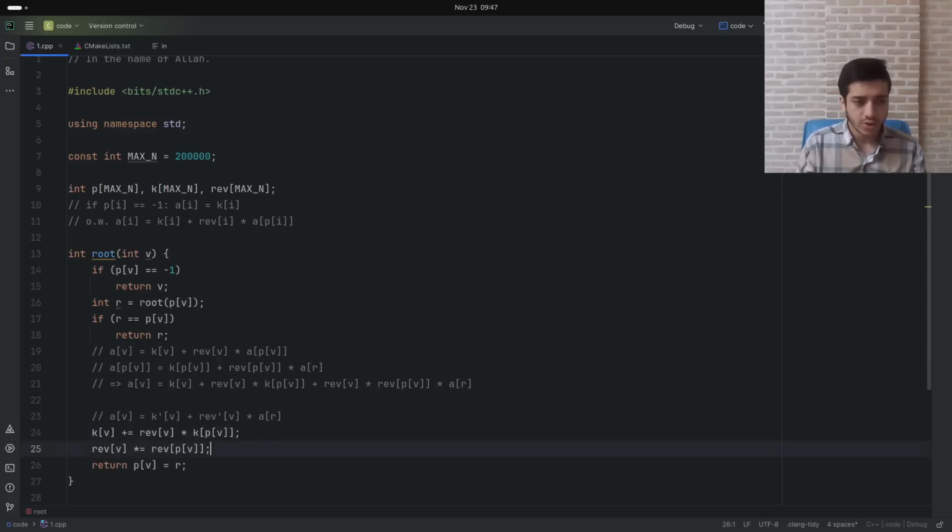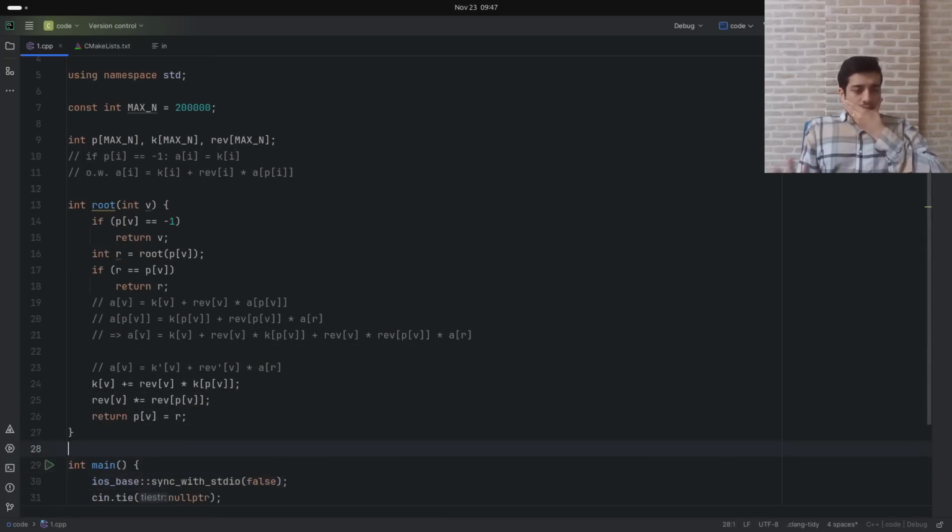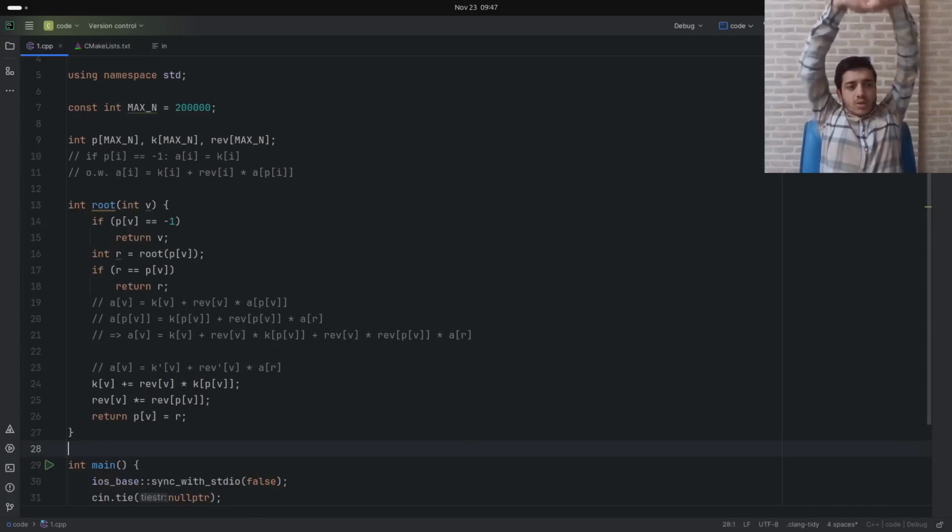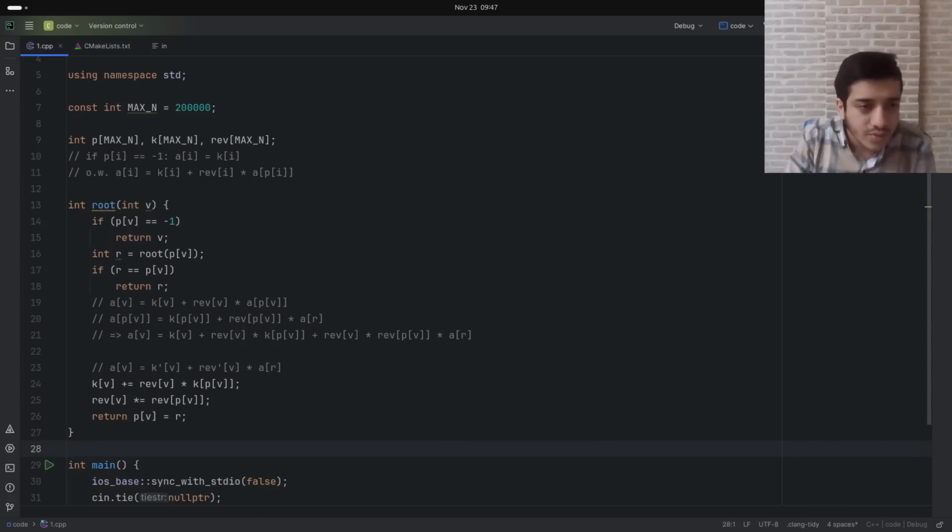And then we change rev, and that's it. We implemented the hardest thing here, that was the root function, and okay, that's it.